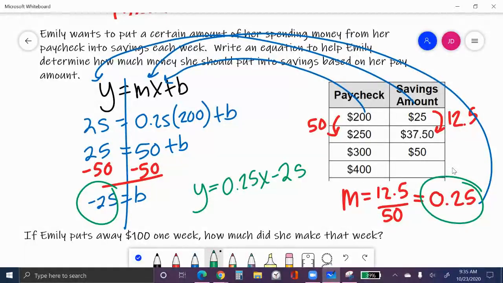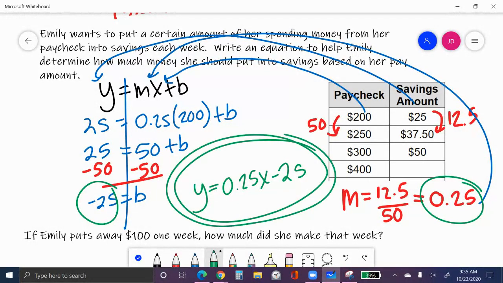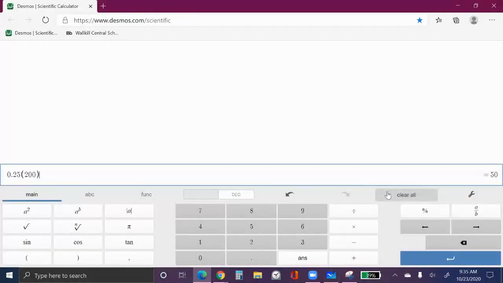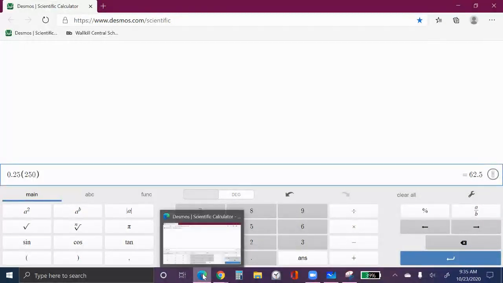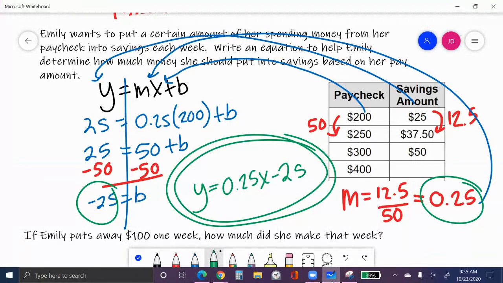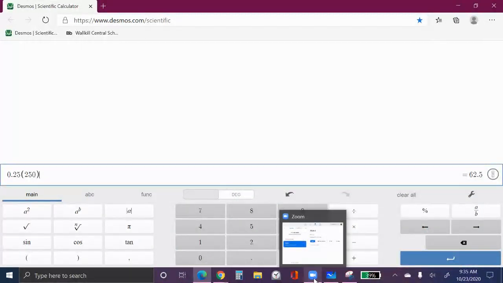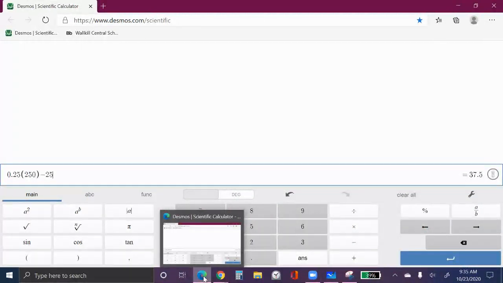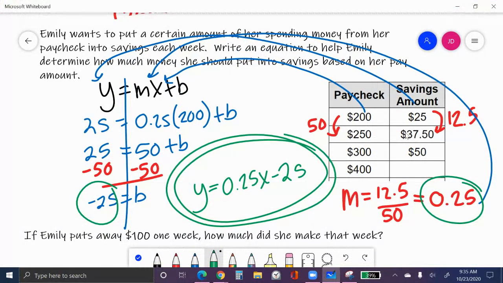And you could double check. You could double check by plugging in the next point, 0.25 times 250 minus 25. And that is 37.5. And if I look here, it is 37.5.